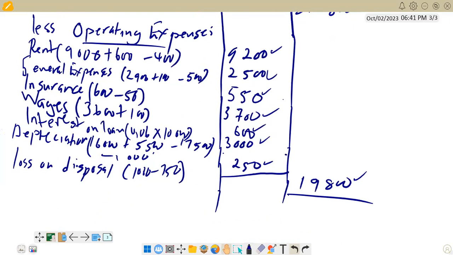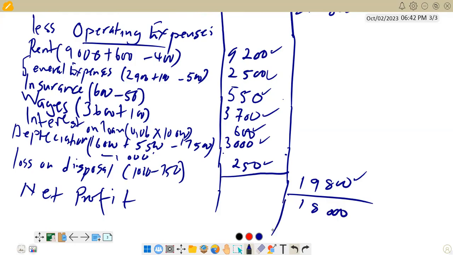So we are now saying net profit. So here the figure that we are going to find is net profit. And the figure for net profit there is 18,000. So that marks the end of our question.